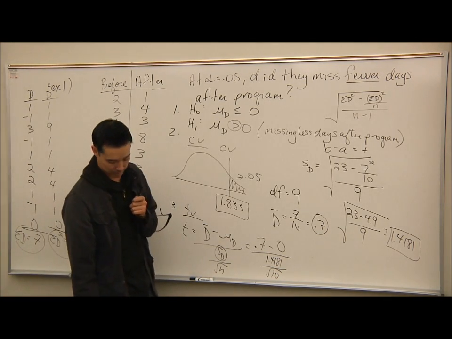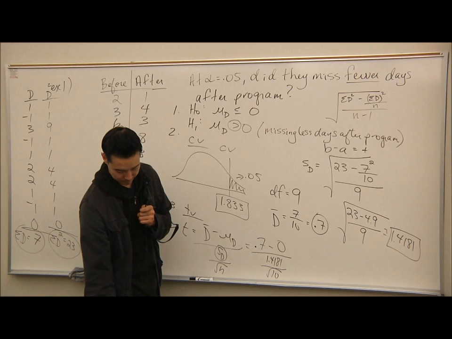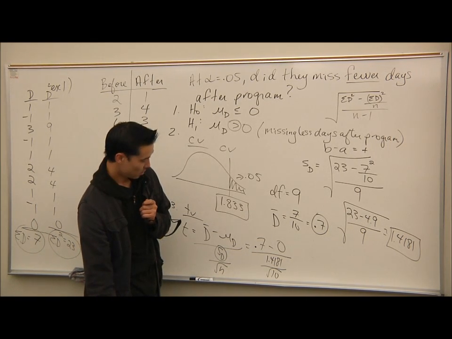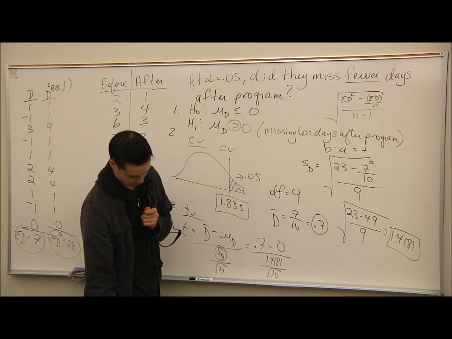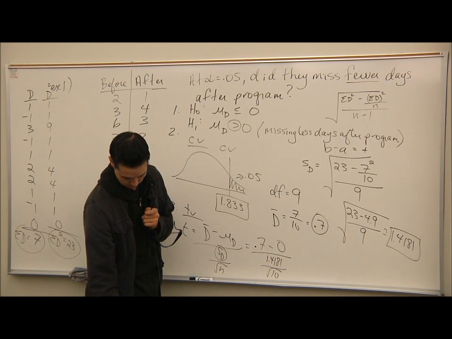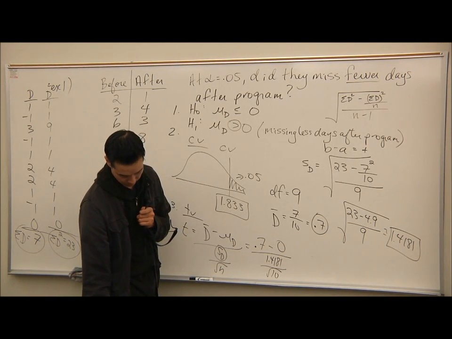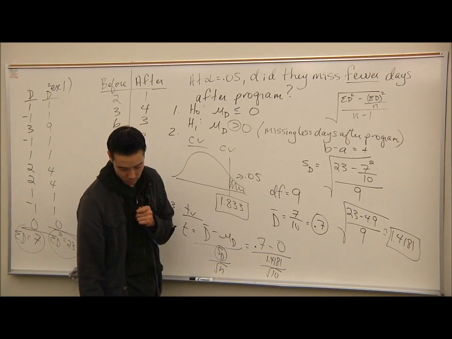So let's calculate that. 0.7 divided by... okay, and I'm getting about 1.56095.